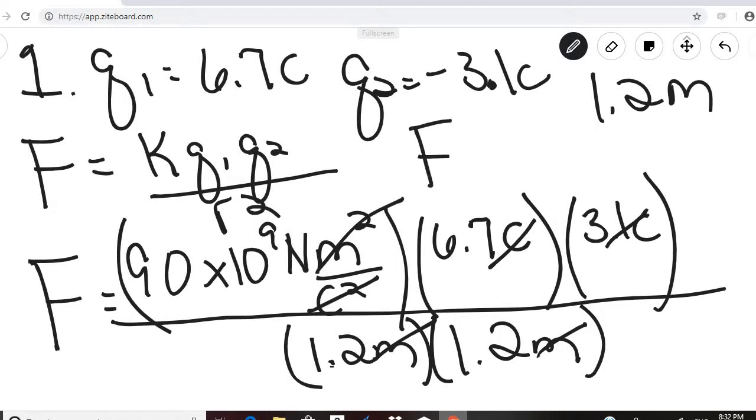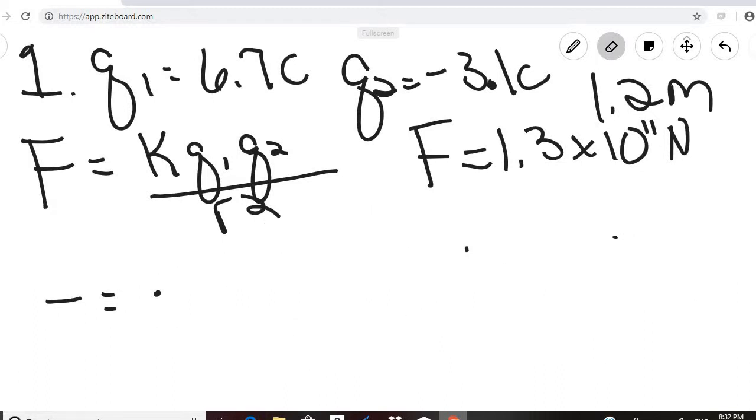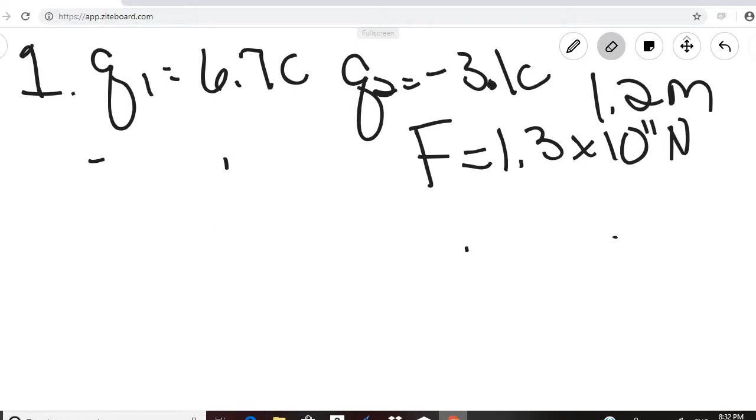And so the force, if we do our math correctly and with 2 significant figures, should be 1.3 times 10 to the 11 newtons. Now when writing our answer, we do provide a direction, and in this case, since the charges are opposite, Q1 is positive, Q2 is negative, they will attract each other.